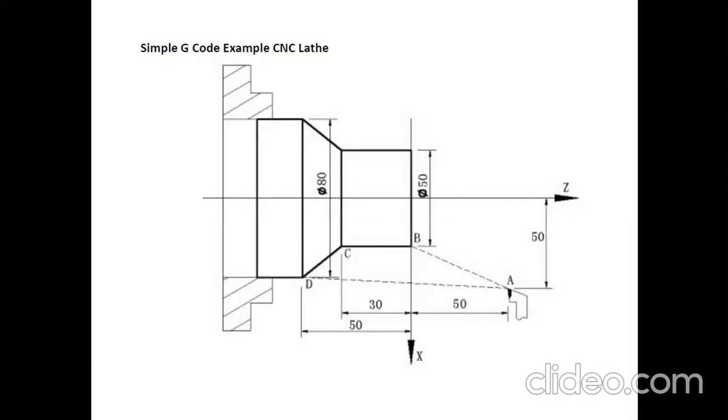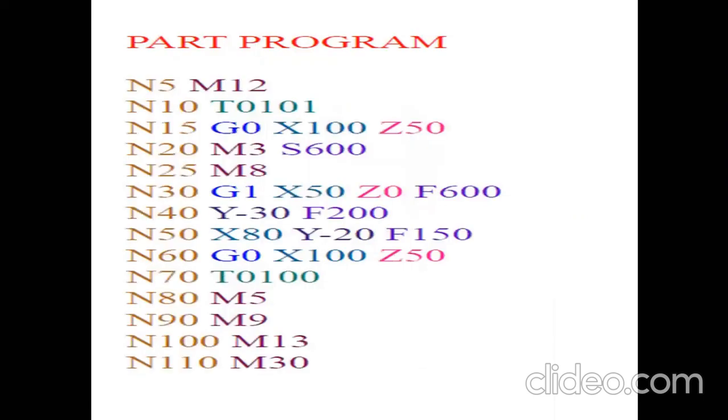Okay, now what is your first step? We'll discuss. Now this is your part program for the taper component. As we know, N5, N10, N15, N20, N25, N30, N40. This N and the numerical value represent the line number of your command, because we have to write the program in terms of commands by using symbols and codes.